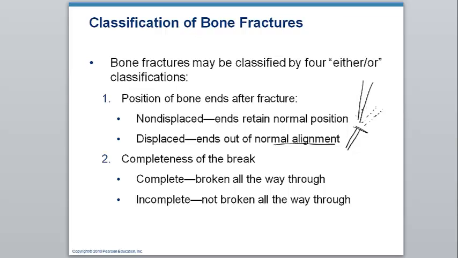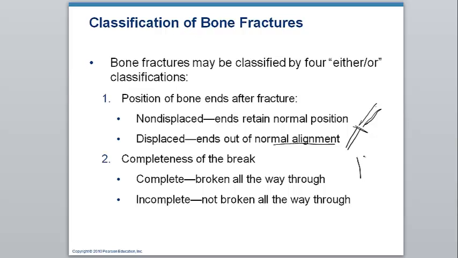This is an example of a displaced fracture. If the fracture ends up at the same alignment, so it is continuous with this bone and retains its original shape, then this is non-displaced.